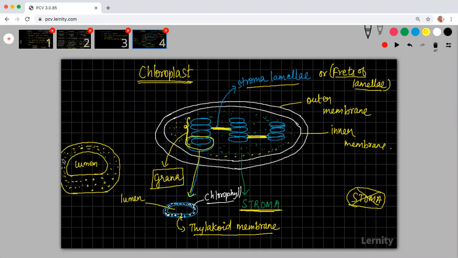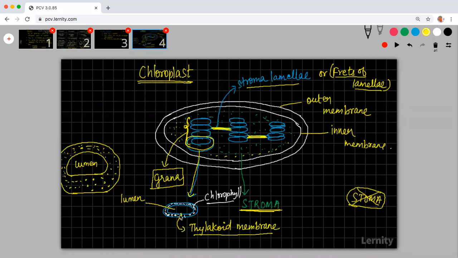You learn about the dark phase and all in photosynthesis, not in this chapter. This entire grana is made up of the thylakoid membrane.